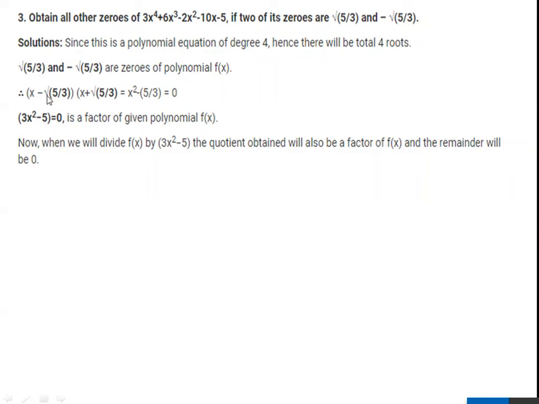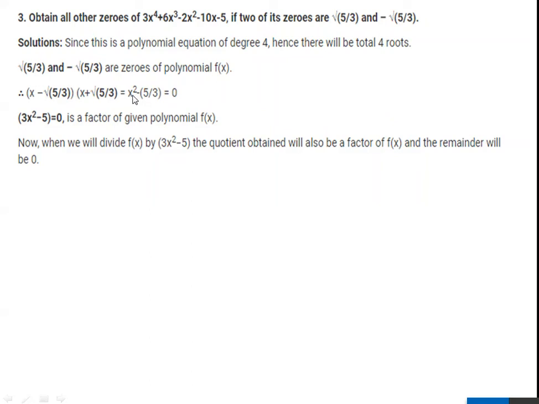You know, if root 5 by 3 is a 0, you can write the factor as x minus root 5 by 3. If minus root 5 by 3 is a 0, you can write the factor as x plus root 5 by 3. Multiplying this, x minus root 5 by 3 into x plus root 5 by 3.